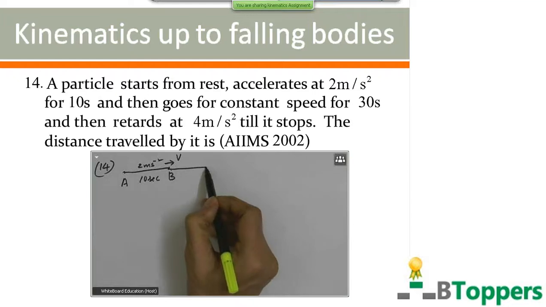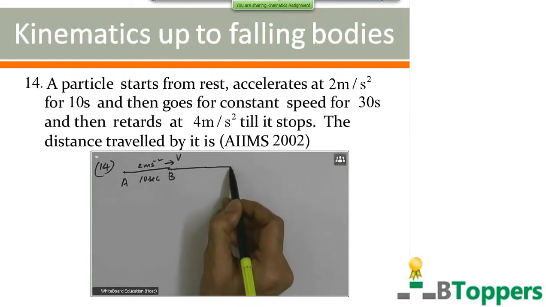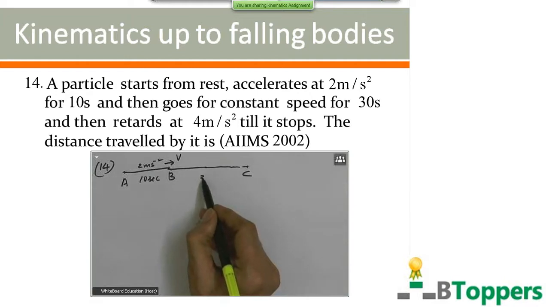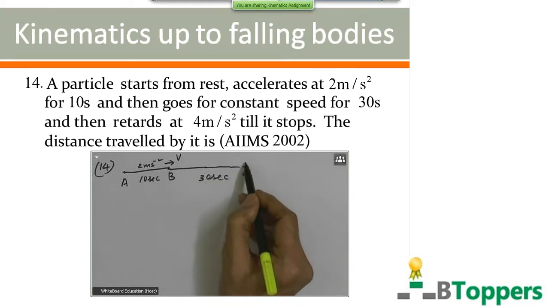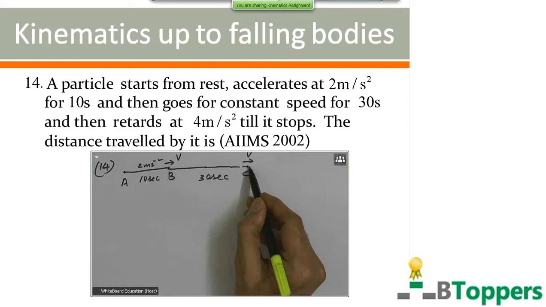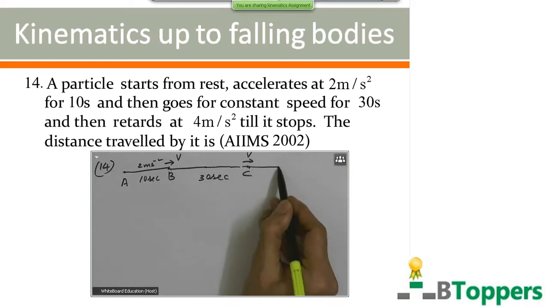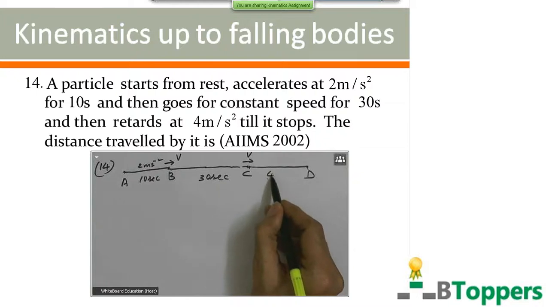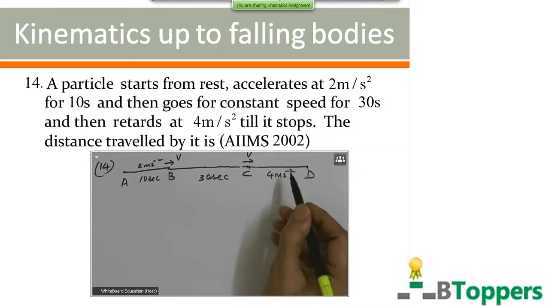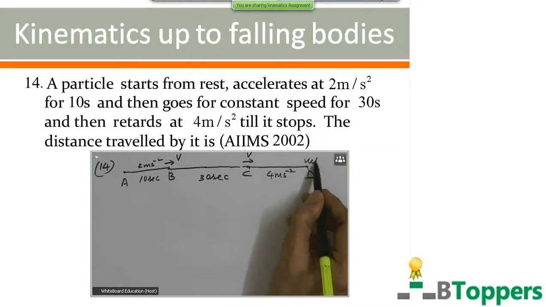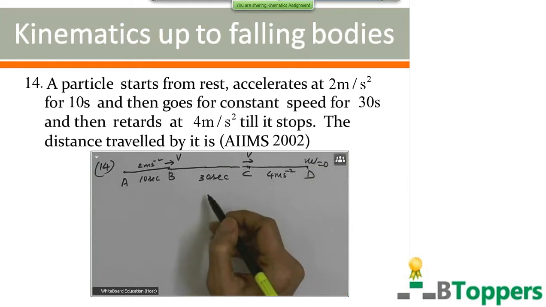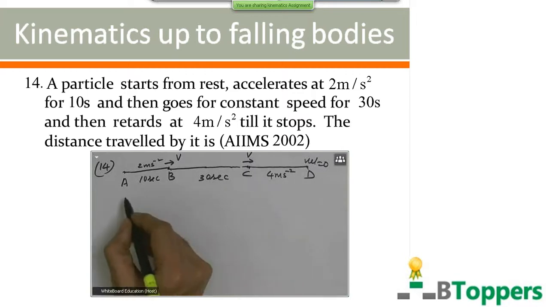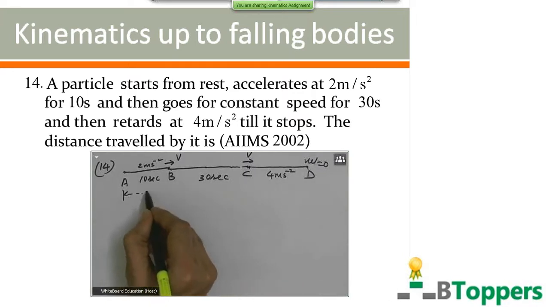So from B to C, it moves with constant speed for a time interval of 30 seconds. Let us suppose it moves from C to D with uniform retardation of 4 meter per second square until it comes to rest. That means the velocity becomes 0 at D. You have to find the total distance traveled.